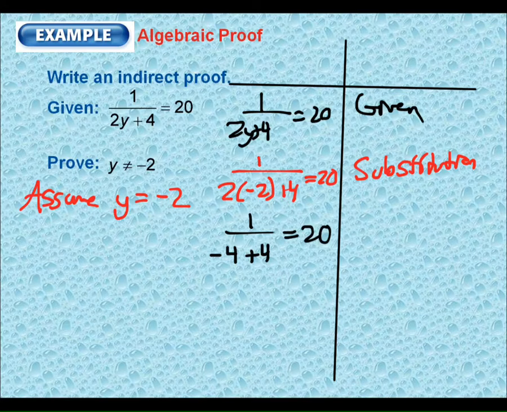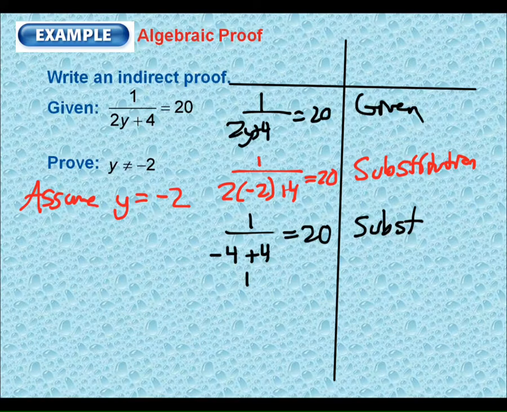I wouldn't call this the multiplication property, because the multiplication property of equality says if you multiply one thing to one side of the equal sign, you have to multiply it to the other. All we did was simplify, but simplify is not a reason. What's the reason we usually write instead of simplify? We would call it substitution again, right? Because we substituted in -4 for 2 times -2. Same thing, and you can abbreviate, just make sure you abbreviate long enough to know it's not subtraction.